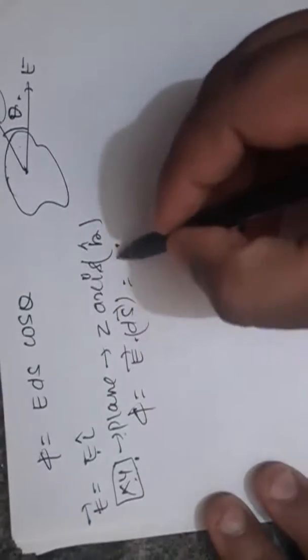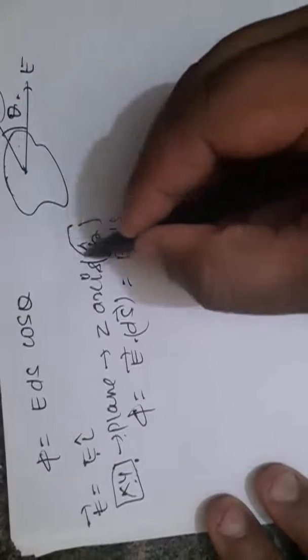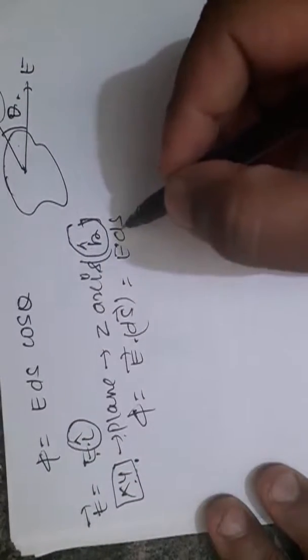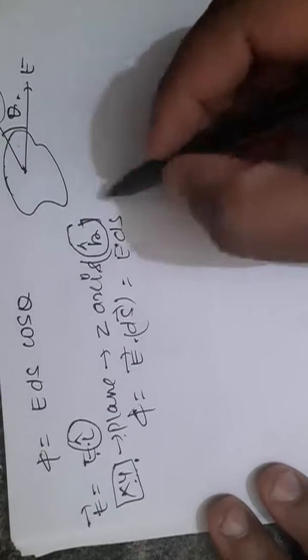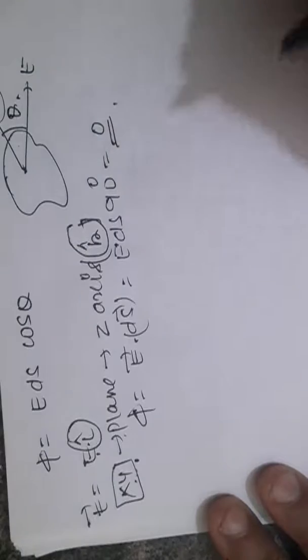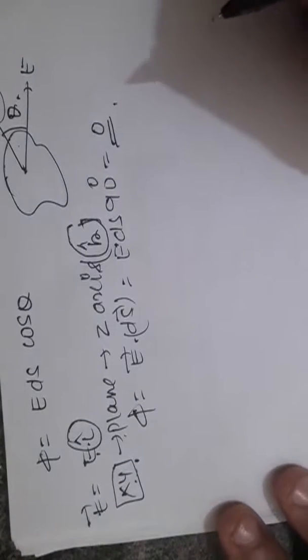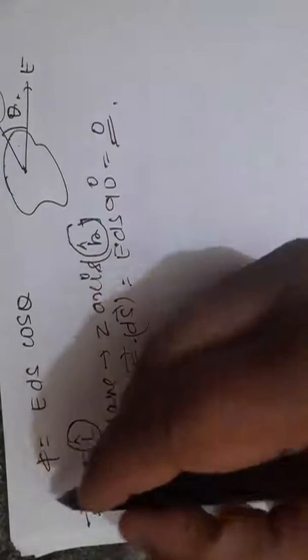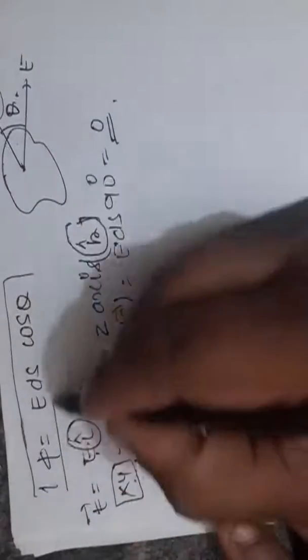One is k cap, another is i cap, so it will be i dot k. Both are perpendicular, so it is cos 90, and flux will be 0. So remember this, phi equals E ds cos theta, which we discussed in class 11th.